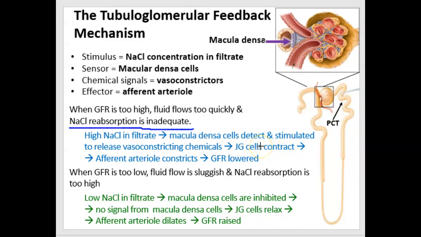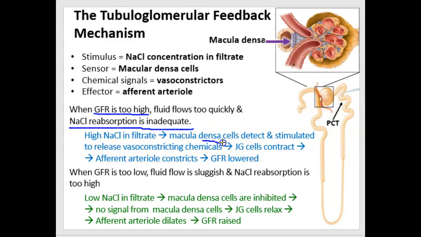Now, the reason we need so much sodium chloride to be reabsorbed and not stay in the nephron is all about water following it. So ultimately, by reabsorbing sodium chloride, you will reabsorb water. So when glomerular filtration is high, the fluid's going to move quickly and sodium reabsorption is inadequate.